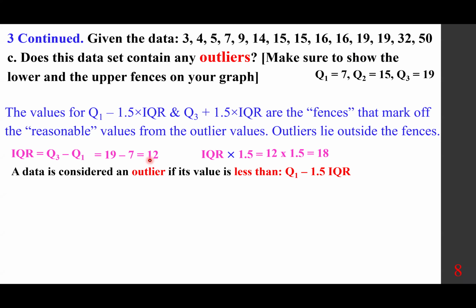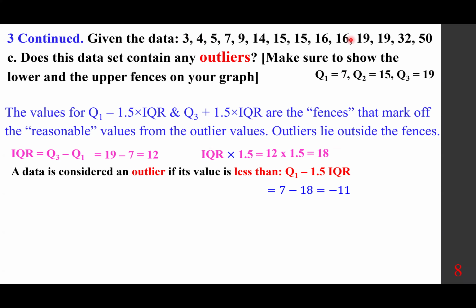The data is considered an outlier if its value is less than Q sub 1 minus 1.5 IQR. 7 minus, we've already calculated this, minus 18. So any number less than negative 11 is considered an outlier.